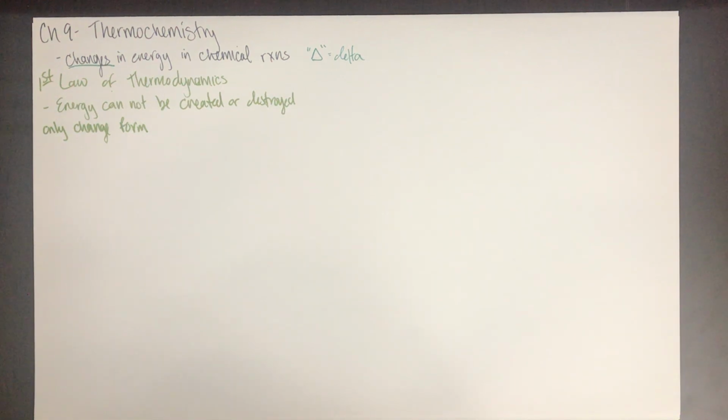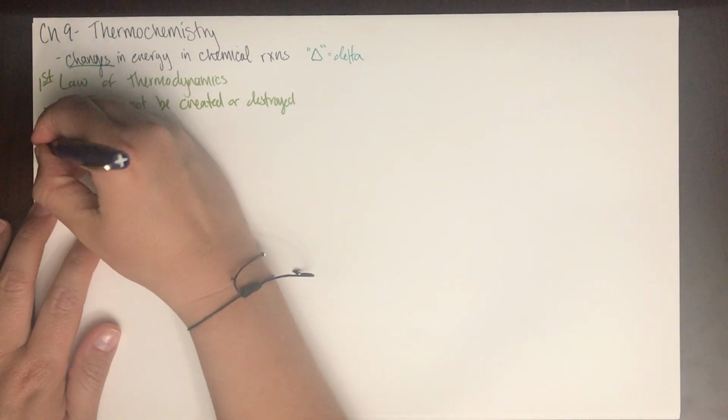So we need to define two different things, which is called the system and the surroundings. So the system is where the reaction is actually happening. I think your book calls it the part of interest.